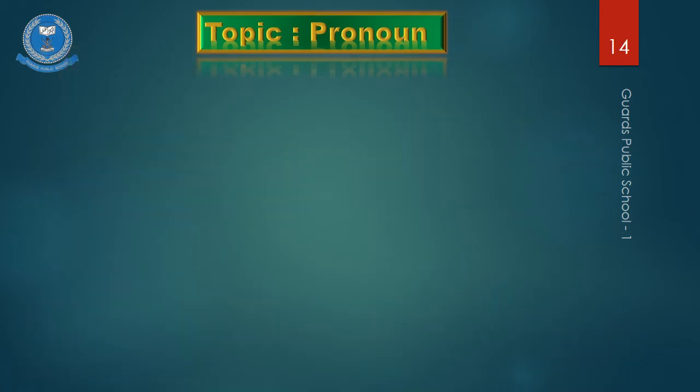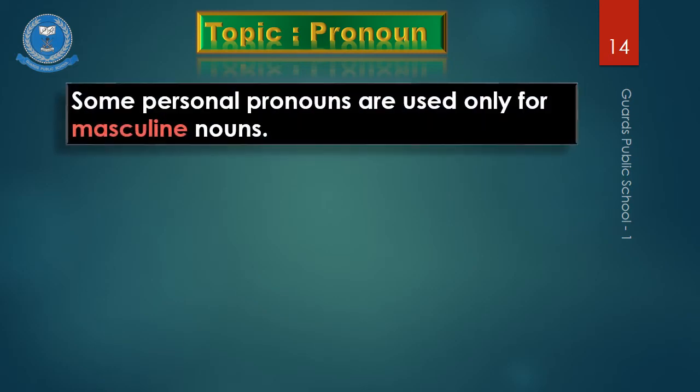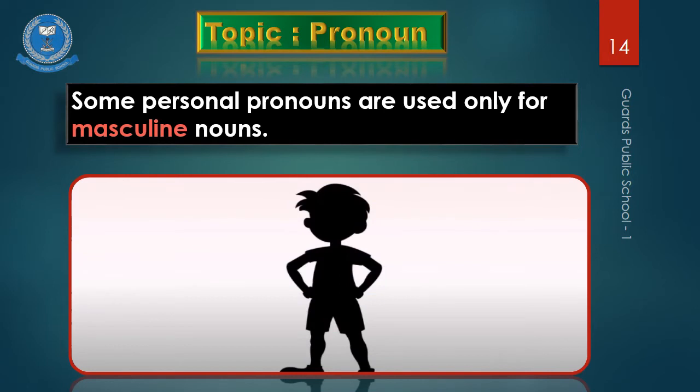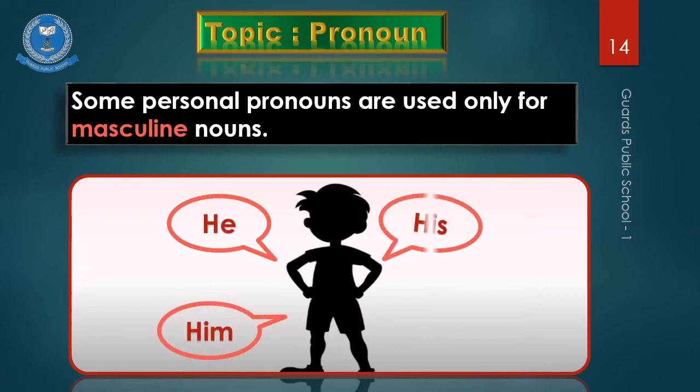So, my dear kids, now we will learn that according to genders, how we will use personal pronouns. So, some pronouns are used only for masculine nouns. Like masculine nouns क्या होते हैं जो हम मेल्स के लिए यूज़ कर सकते हैं. So, they are he, him, and his.